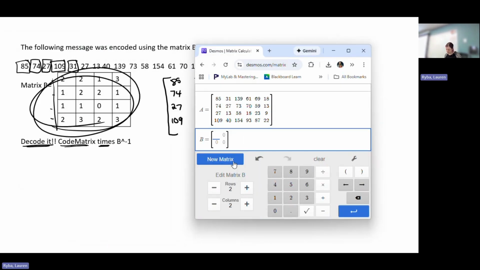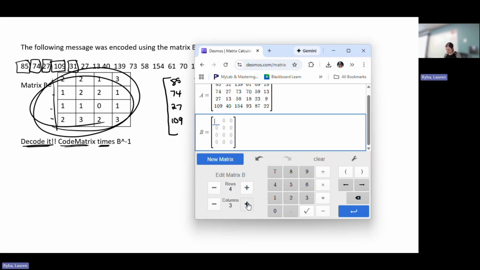Okay, I'm going to enter my matrix B as a 4 by 4. 2, 2, 1, 3. 1, 2, 2, 1. 1, 1, 0, 1. 2, 3, 2, 3.